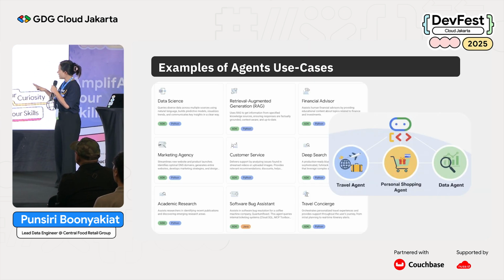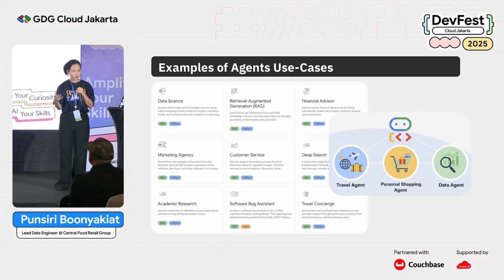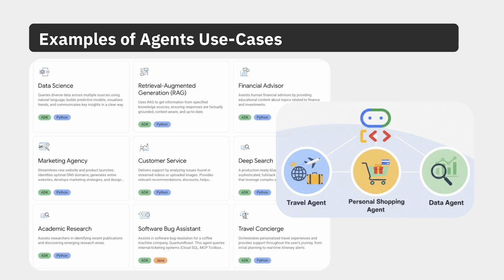So right now ADK can let you build AI agents across multiple scopes. When you come to the Google agent landscape, you can build, for example, a data science agent that can answer questions about data science and help you analyze data, or you can build a customer service agent or a travel agent.